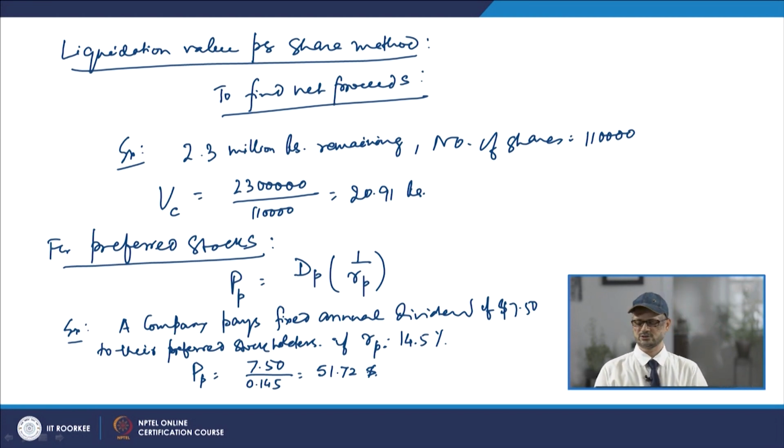Now, we should also know something more about preferred stocks. When we talk about preferred stocks, there is a terminology called cost of preferred stock, and this cost of preferred stock is represented by the required rate of return, that is Rp. From the same formula, Rp will be DP by PP.